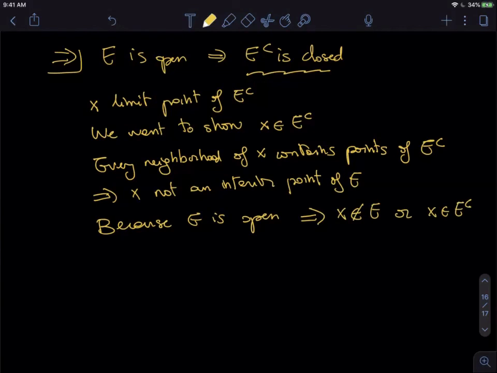And because we chose X as a limit point of E^C, and we have shown that X belongs to E^C, that means that E^C is closed, and we are done. This finishes the proof.